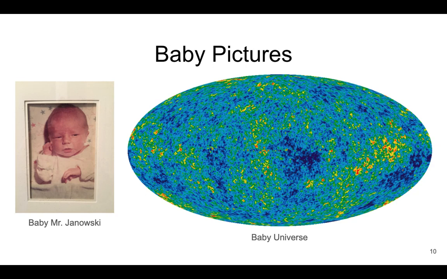One question is, why is it so very close to being uniform all the way across? Why is the temperature almost exactly the same in every single direction? And the other question is kind of the flip of that question. Well, why is it almost but not quite exactly the same? So big picture stuff, basically where it's a little bit hotter, those little red specks, you tend to have a little bit more stuff.